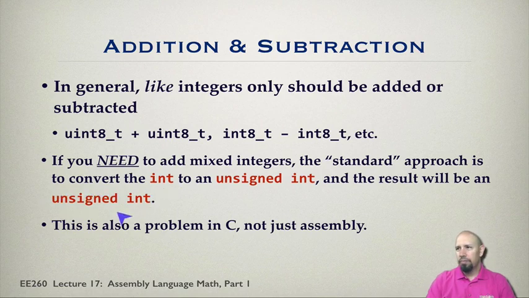Okay, so incidentally, this whole concept of adding and subtracting different data types is a problem not just in assembly, it's a problem in C. You can find page upon page on the internet talking about this whole problem of mixed integers, signed and unsigned.